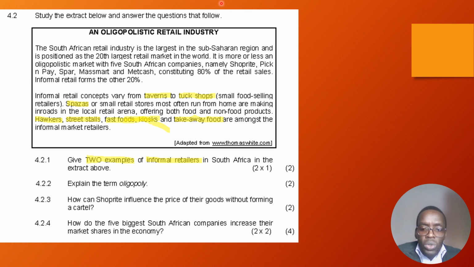What they can do is improve on their after-sales service, because you know that to consumers, after-sales service is a very important thing that determines where you are going to buy your products from, because every time you buy a product, you want to have a service that you are going to get after that product has been sold to you.